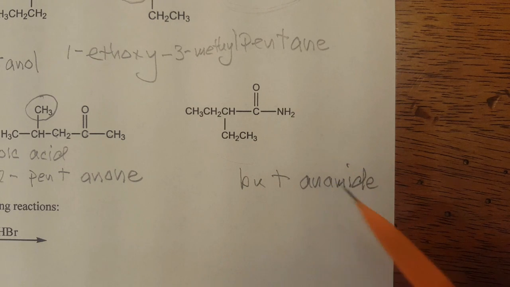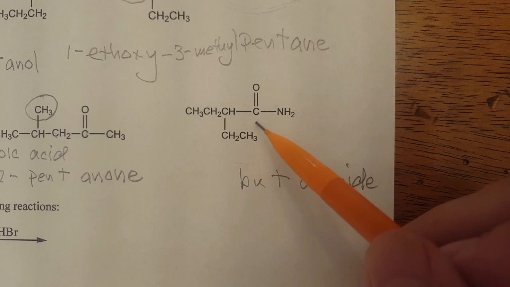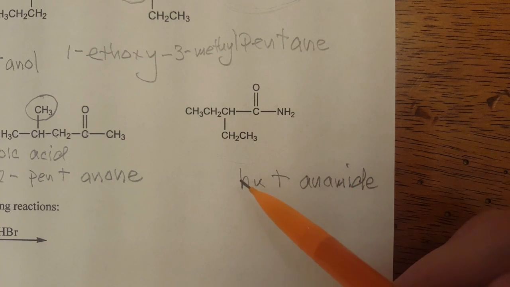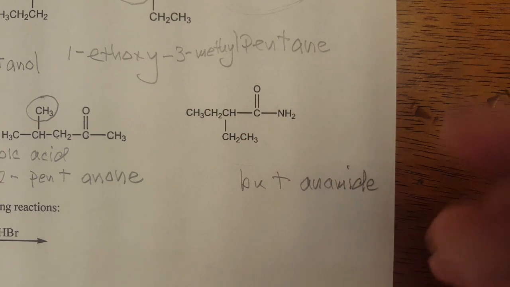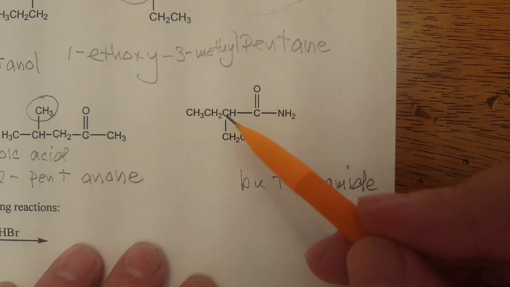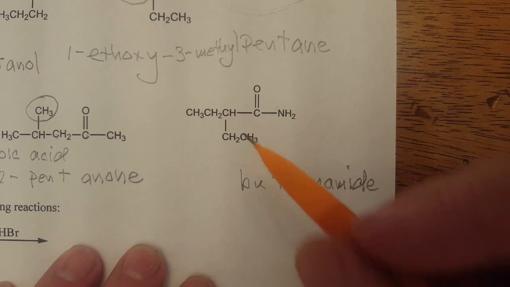Since amides always start with the carbonyl as carbon number 1, we don't have to say 1 or 2 or 3. It's understood that this is always going to be carbon number 1. That's butanamide.